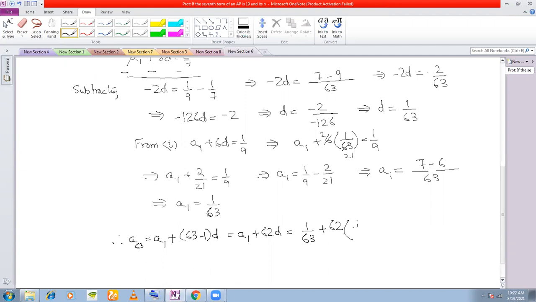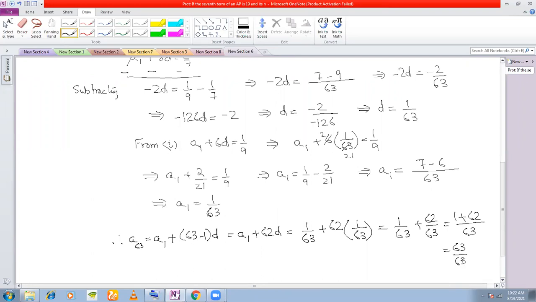D is 1 by 63. Okay. So this is 1 by 63 plus 62 by 63. So 1 plus 62 divided by 63, which is 63 by 63, which is equal to 1. So 63rd term of this AP is 1.